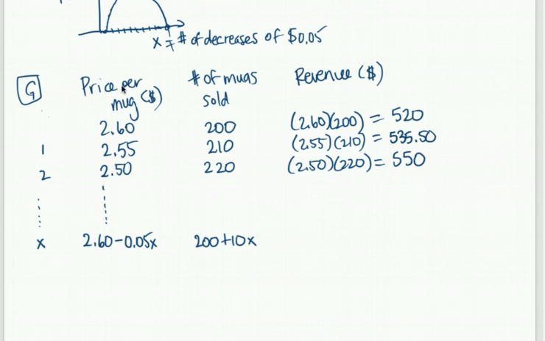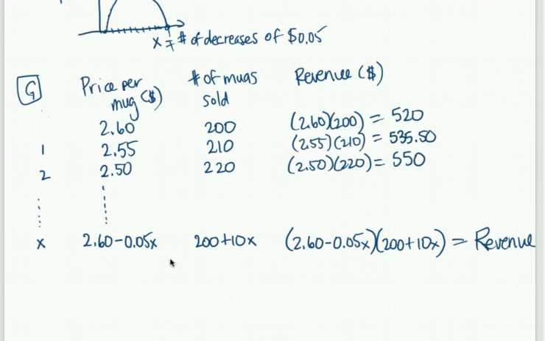Then from there, we took the price and multiplied it by the number of mugs to make the revenue. So we take the price and multiply by how many mugs will be sold, and that will give us our revenue equation.